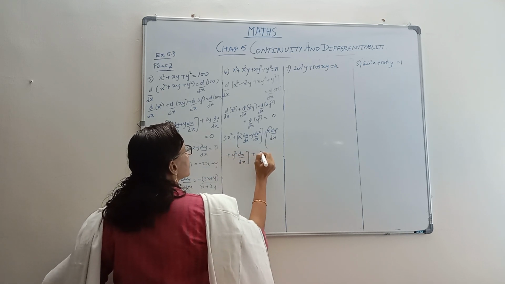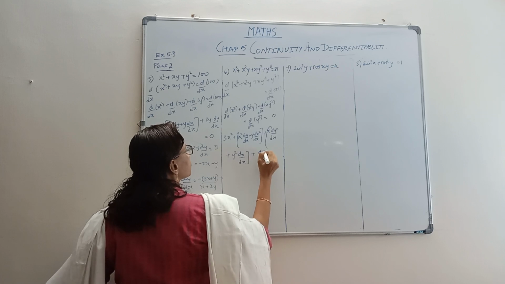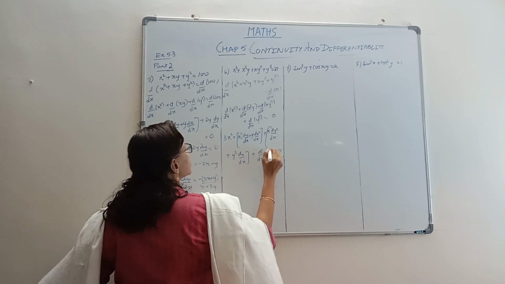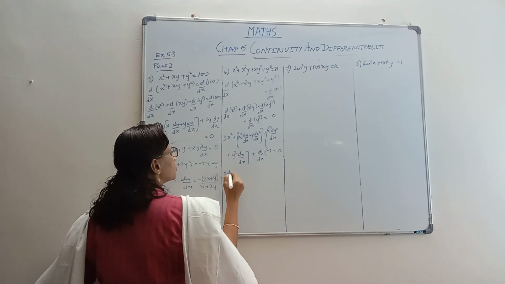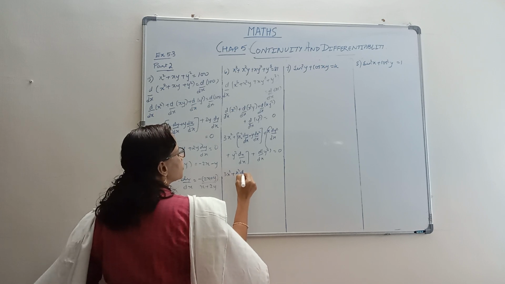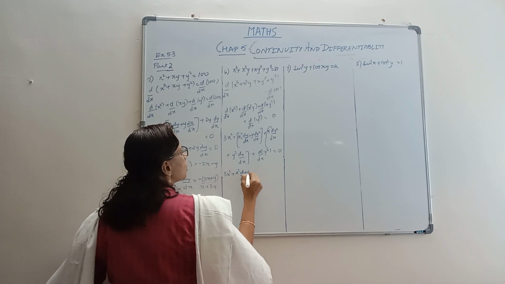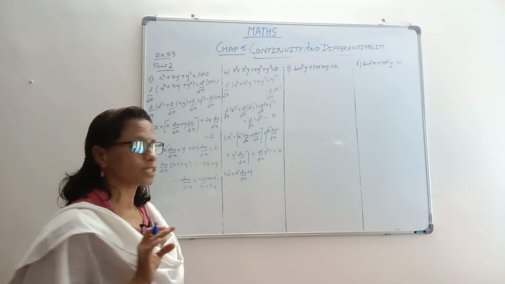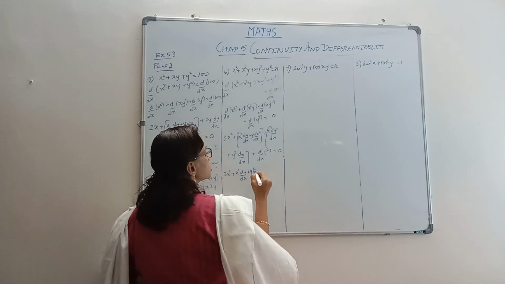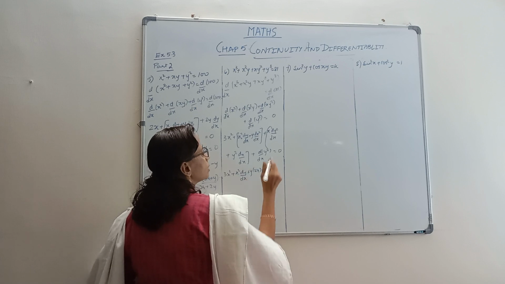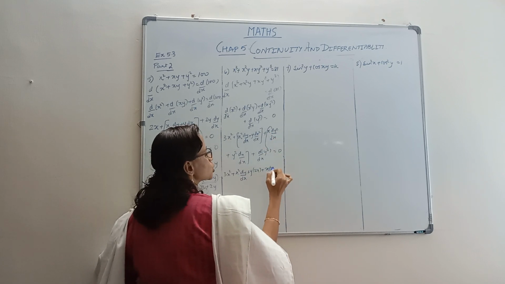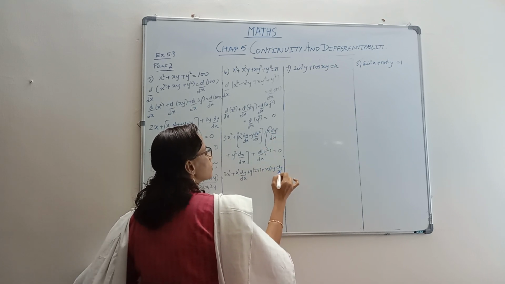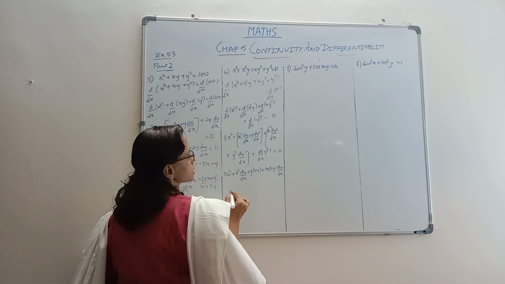Last, it is the derivative of y cubed. Let's find this. 3x squared we have already found. x squared times the derivative of y with respect to x, not much to do. y times the derivative of x squared with respect to x, which is 2x. So it is 2xy. The derivative of y squared with respect to x is 2y, but because it's a y function, you have to write dy by dx.